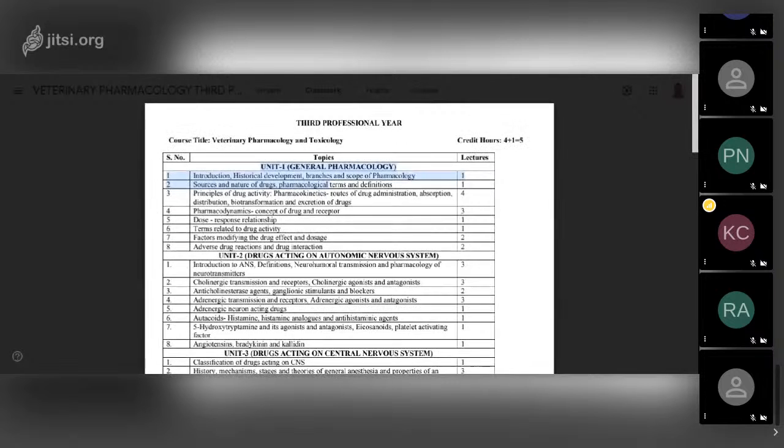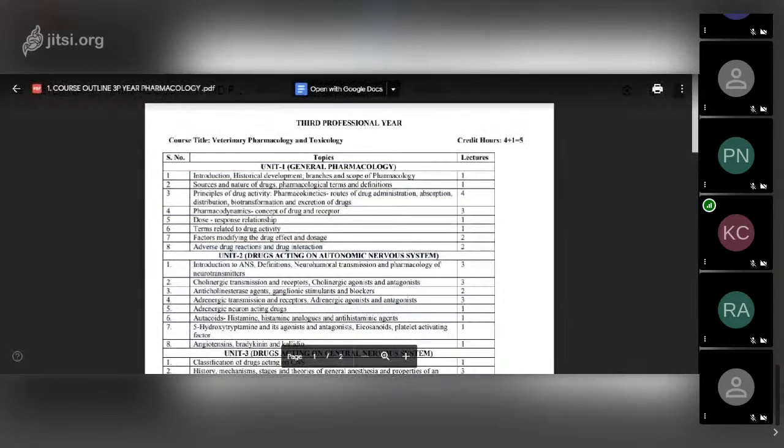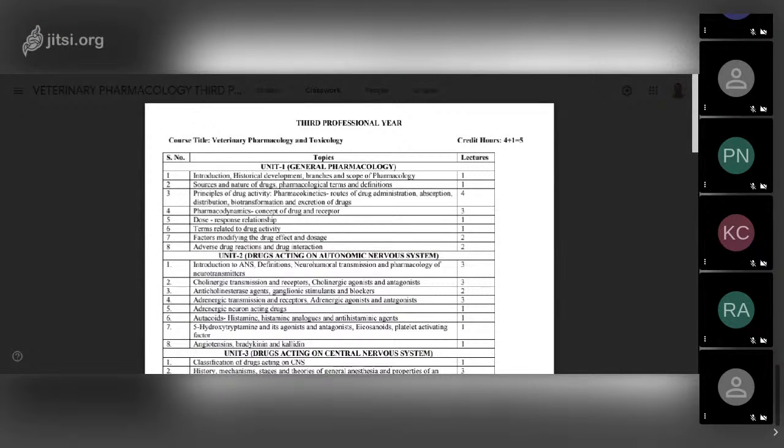is over now. Tomorrow onwards, or from Monday onward, Dr. Ratandeep Singh and Dr. Vaidhi Madam will start drugs acting on the autonomic nervous system and drugs acting on the central nervous system.